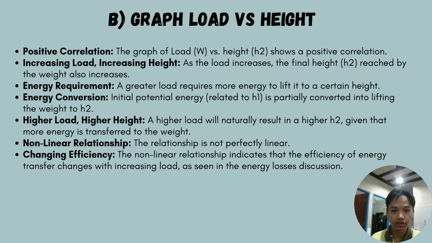Initial potential energy is partially converted into lifting the weight to H2. A higher load will naturally result in a higher H2, given that more energy is transferred to the weight. The relationship is not perfectly linear. The nonlinear relationship indicates that the efficiency of energy transfer changes with increasing load, as seen in the energy loss discussion.